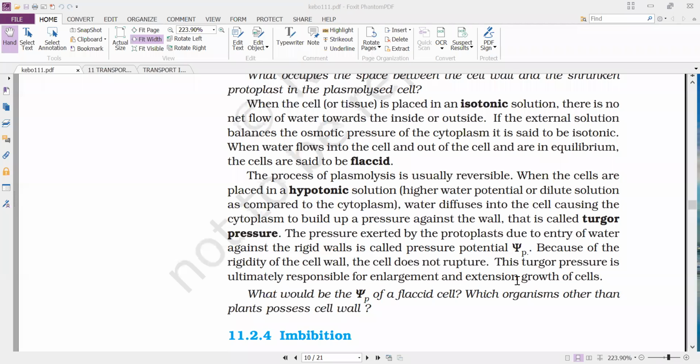That means in plant cells, the pressure exerted by the cytoplasm on the cell walls is mainly responsible for the enlargement and growth of the plant cells.